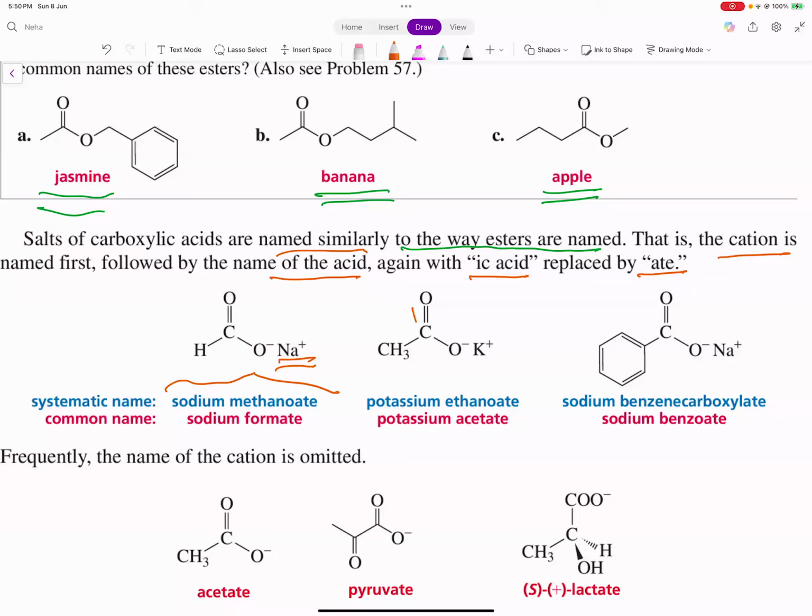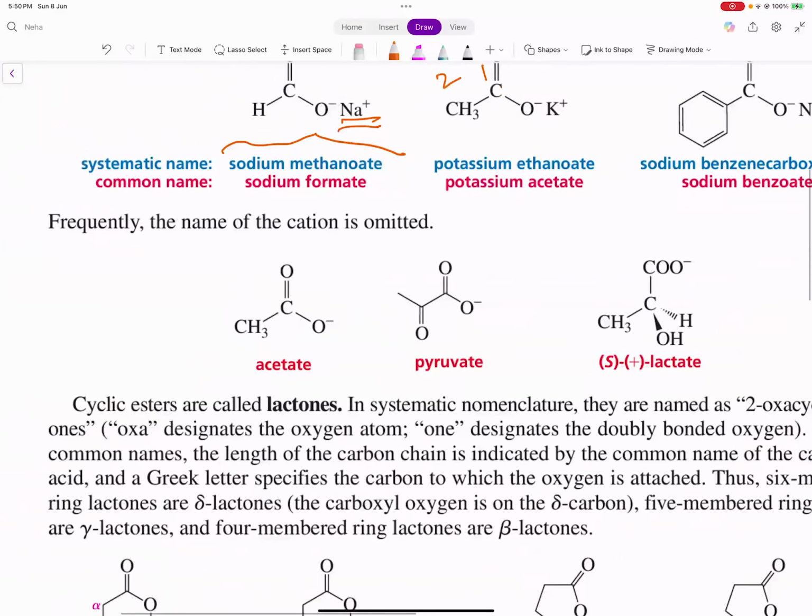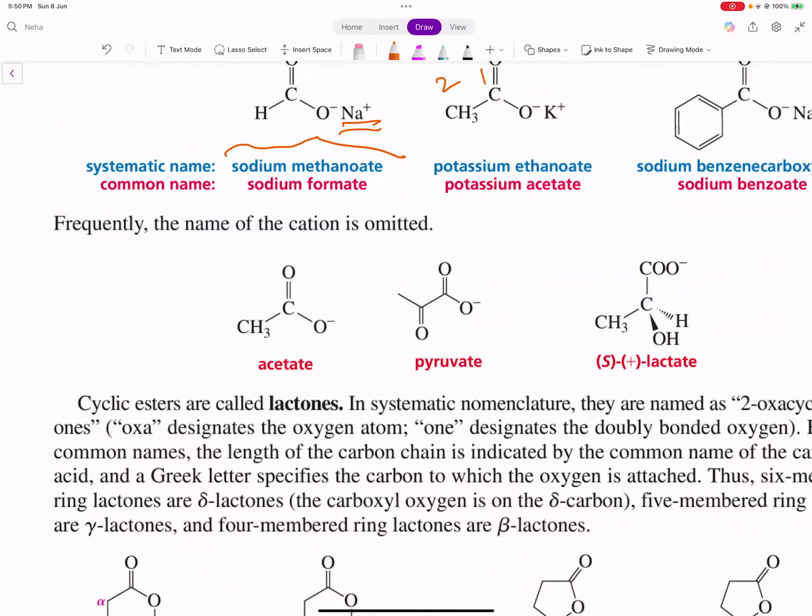Again, potassium I name first, and this is ethanoic acid, so ethanoate. Again, I put sodium first and benzene carboxylic acid, so it becomes sodium benzene carboxylate. Frequently the cation is omitted, so we just call it acetate, pyruvate, lactate.